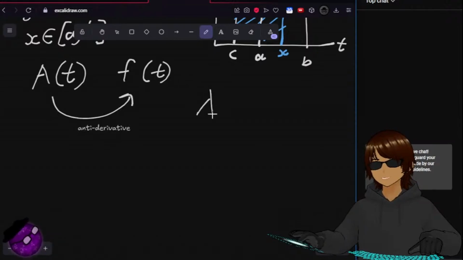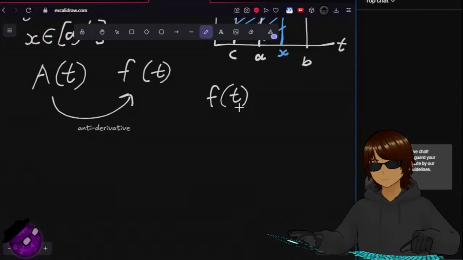So basically, a of t, if you differentiate this, you get a of t.